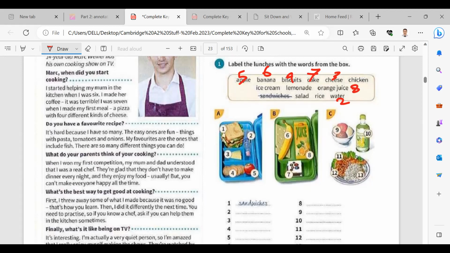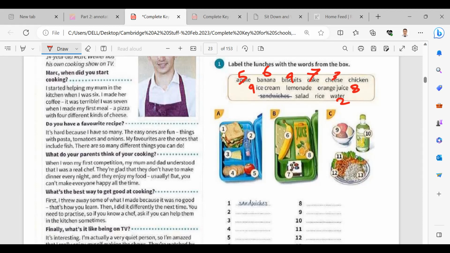8, juice. Yes, orange juice. What's 9? 9, ice cream. Yeah. What's 10? 10, lemon.